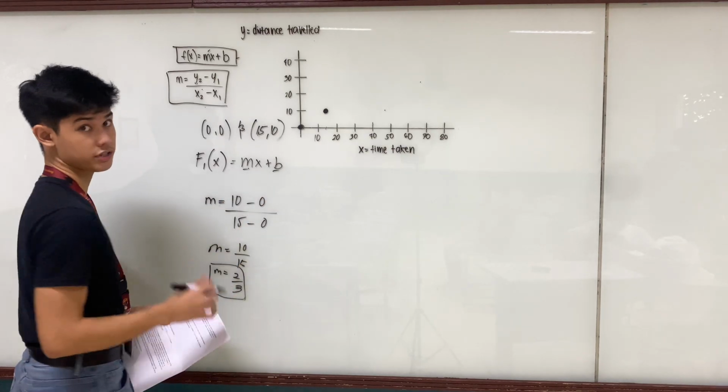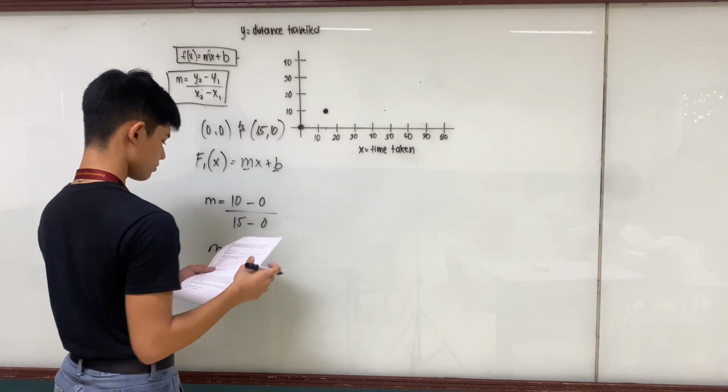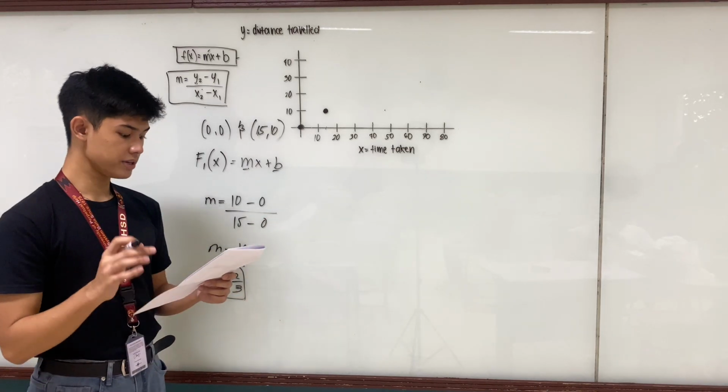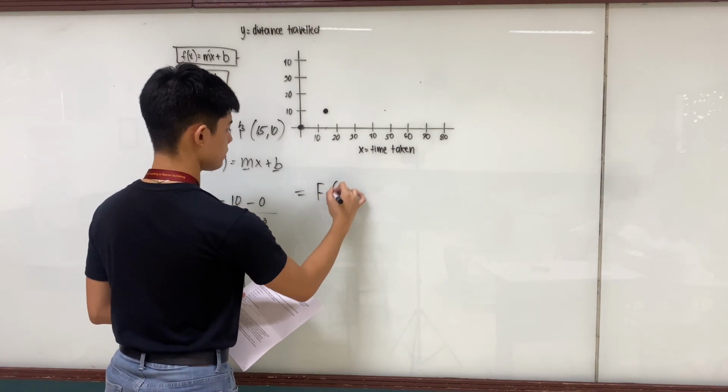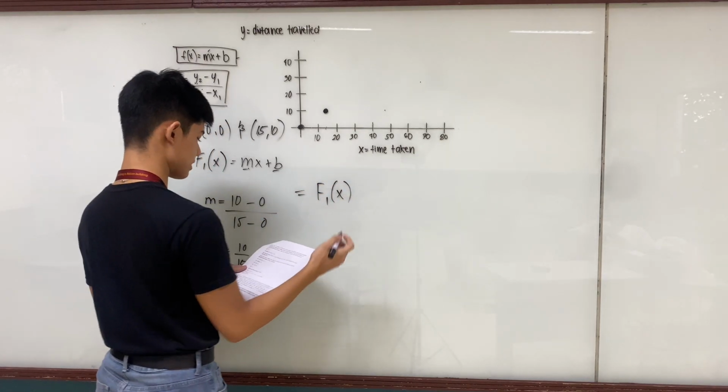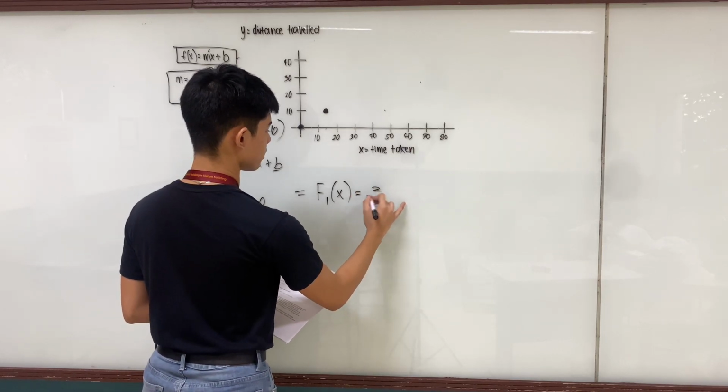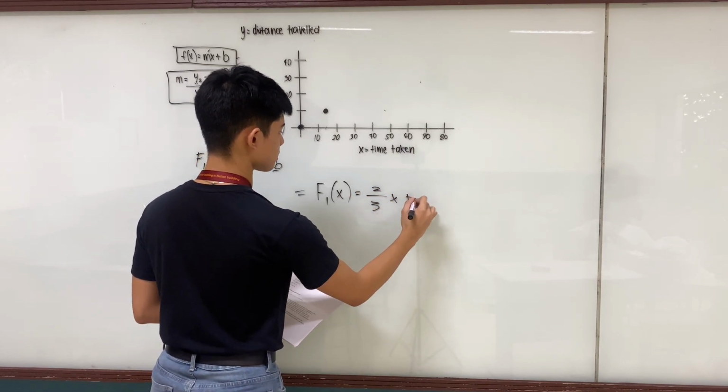This is the m for our first function. So for this piecewise function, f sub 1 of x is equal to 2/3 x plus b.